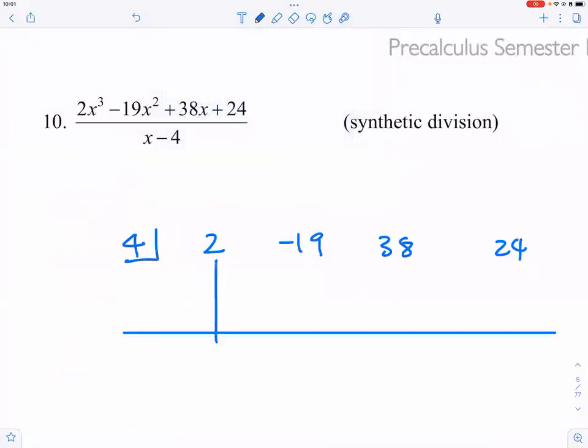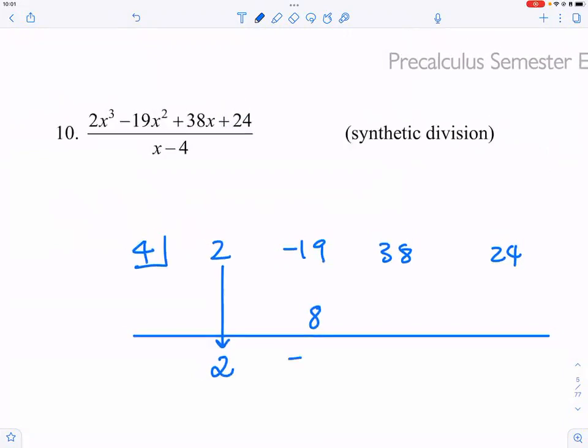So the first thing that we do is to bring the 2 down. And then we say, all right, after we bring the 2 down, we have the 4 multiplying by the 2. So 4 times 2 is 8. Okay, and then you would add those 2 numbers together. You would add negative 19 and 8 together, which gives you negative 11.